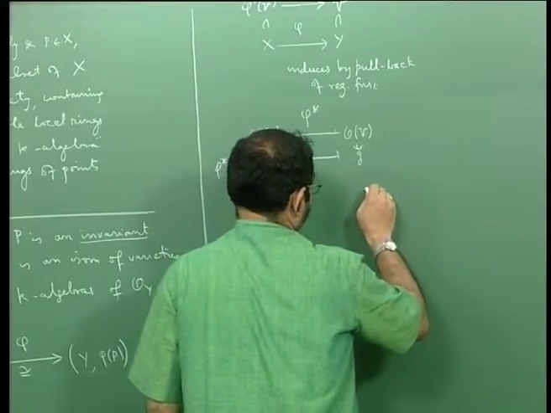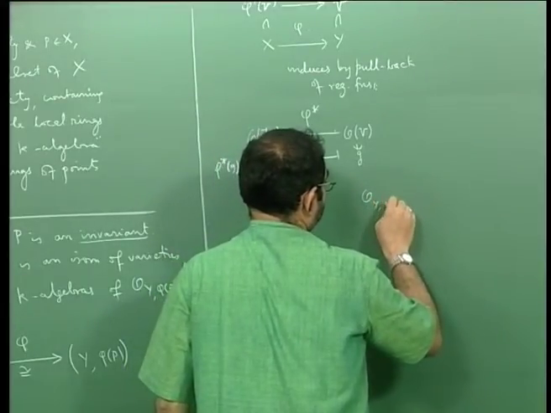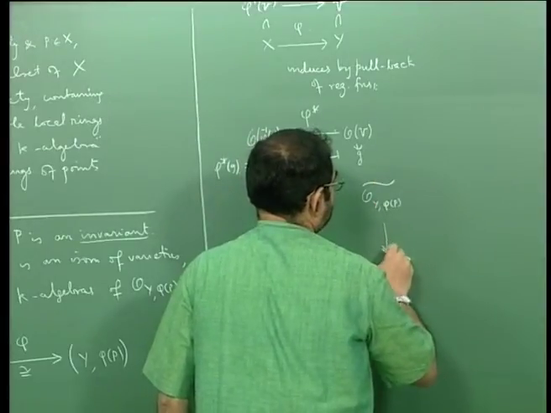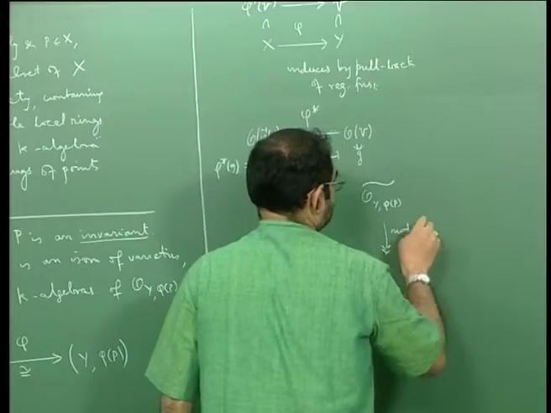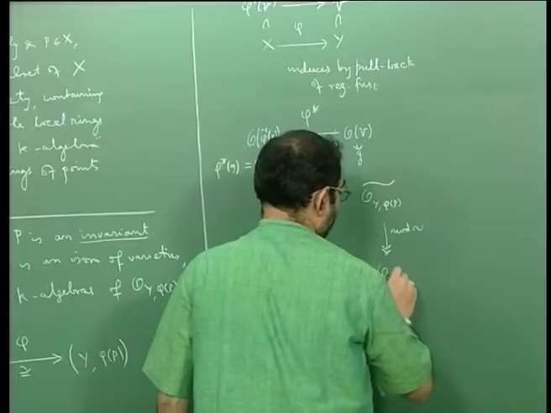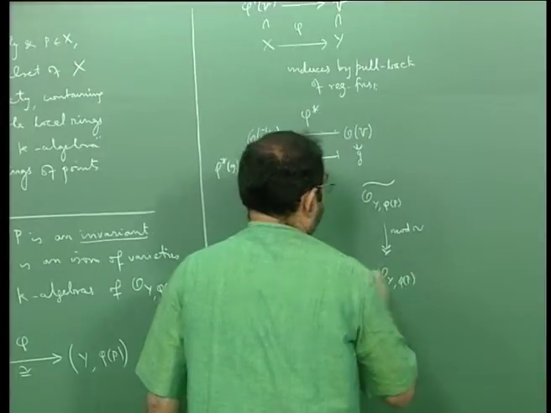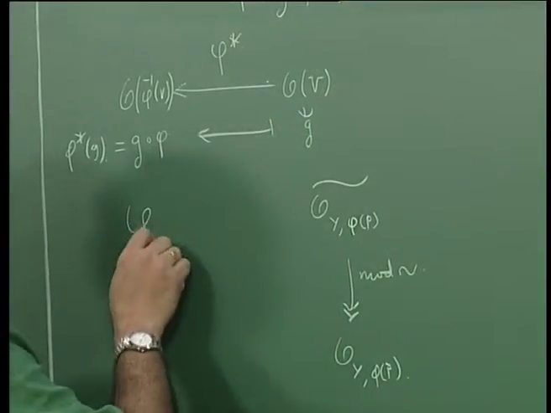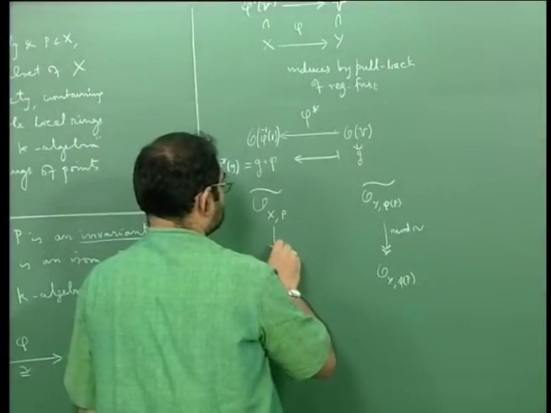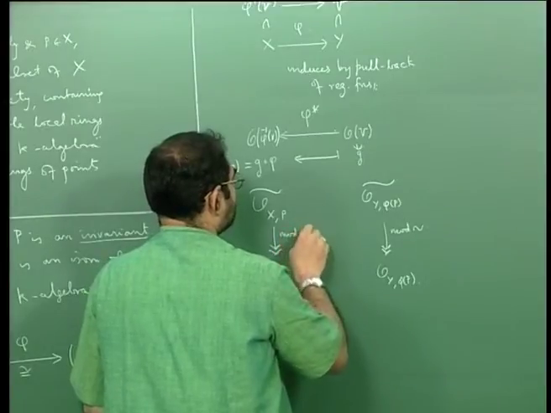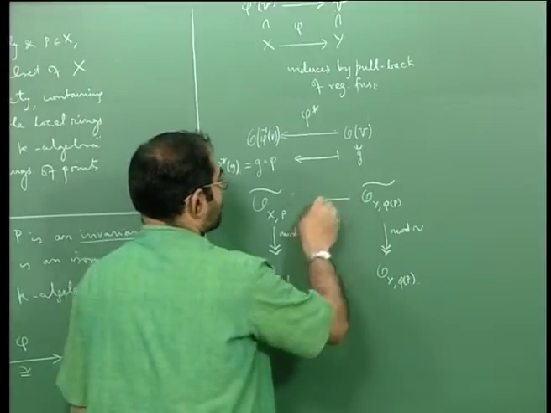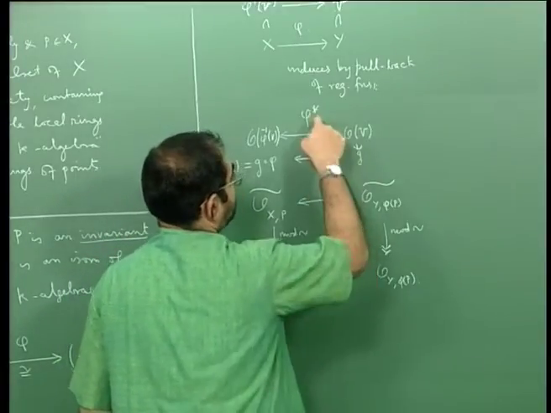And you can see that once you have this, then you have Oy phi p tilde, whose quotient by the equivalence relation as I defined earlier is going to give you the local ring Oy phi p, and you have Ox p tilde, whose quotient by the corresponding equivalence relation is going to give you the local ring of x at p. And the fact is that there is a map like this, induced by phi upper star.